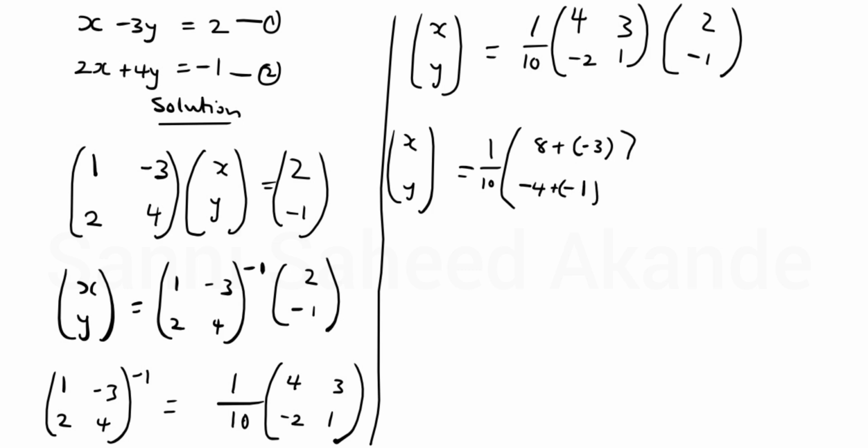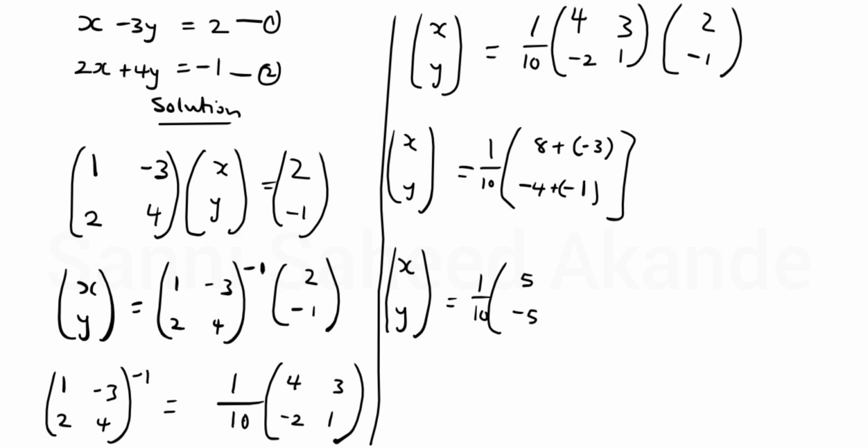So we now have x and y equal to 1 over 10. Then 8 plus -3, plus times minus is minus. 8 minus 3 will give us 5. Then -4 plus -1, minus 4 minus 1 will give us -5.